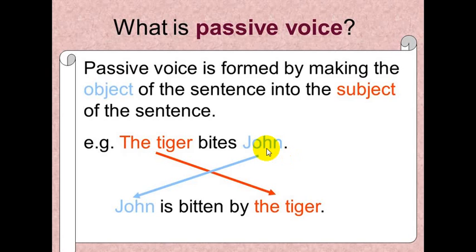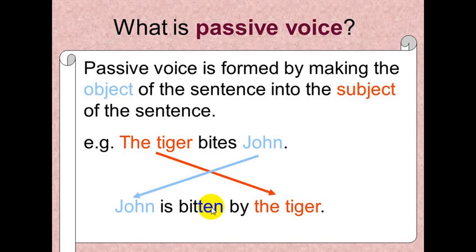I should start with the object in the passive sentence. So it moves here to the beginning of the sentence. John is. Verb to be is, not are. Why? Because John, the subject, is singular. John is bitten. The past participle of the verb bite is bitten. This is an irregular verb. Bite, bitten.